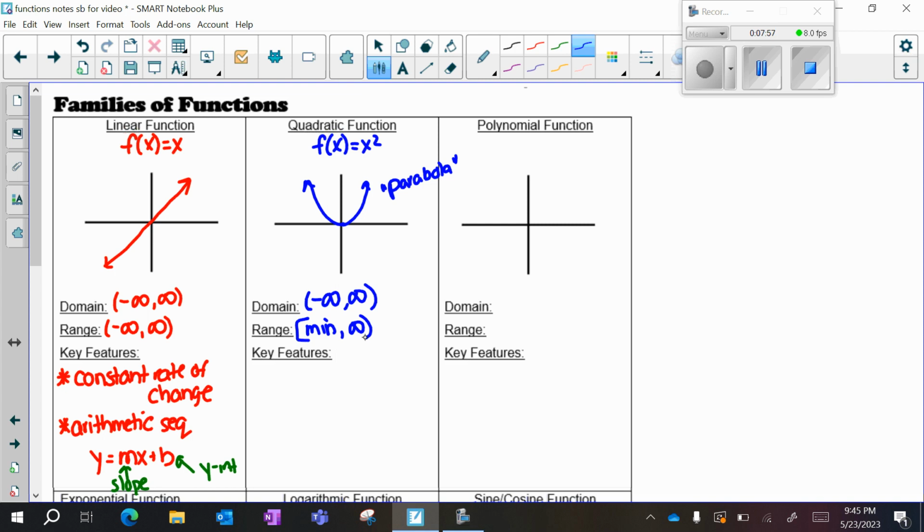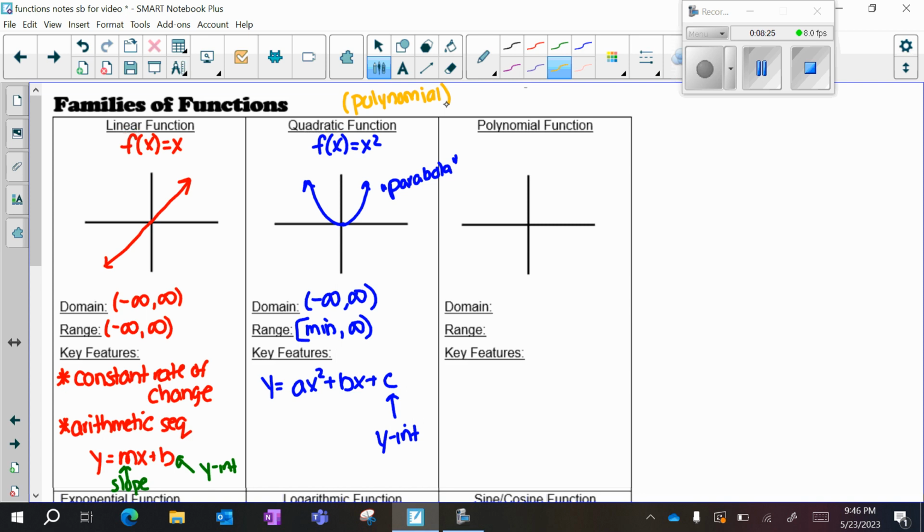Key features or things to know. So y equals ax squared plus bx plus c is our standard form of a quadratic function. And in this case, c is your y-intercept. Now, a quadratic function is actually part of the polynomial family, but it has some specific features that we talk about.